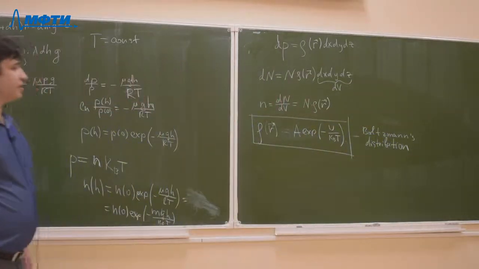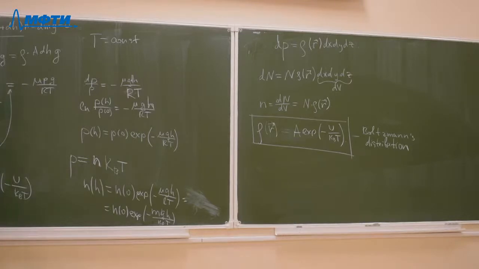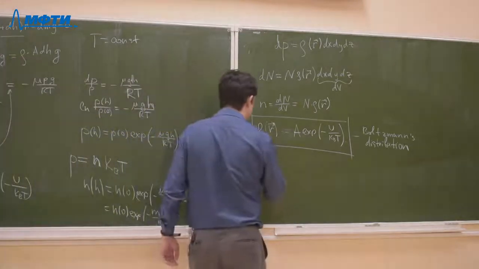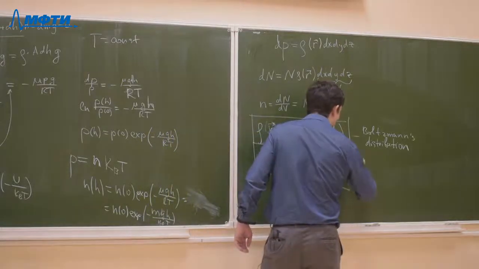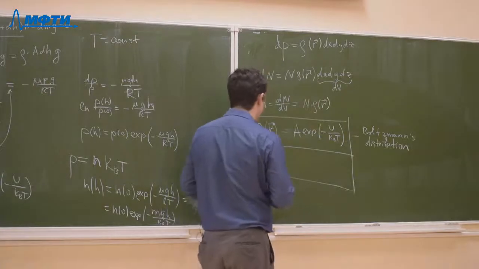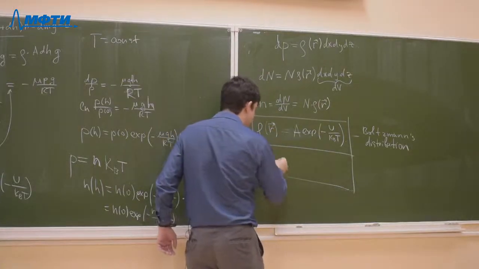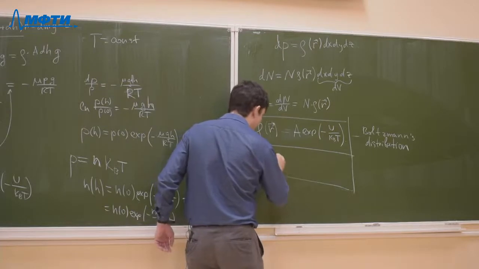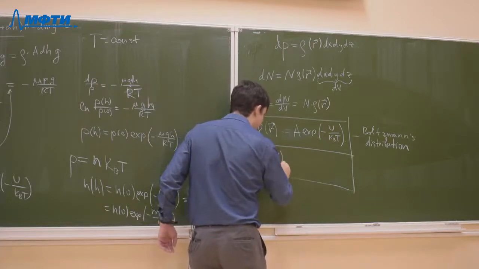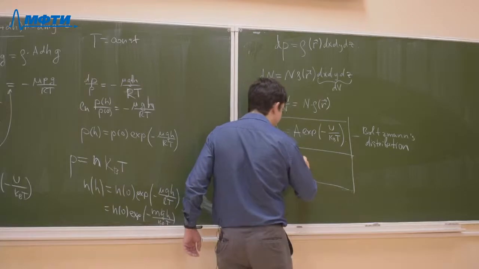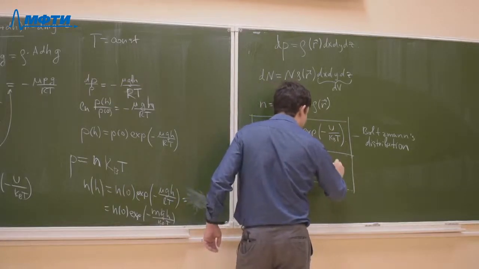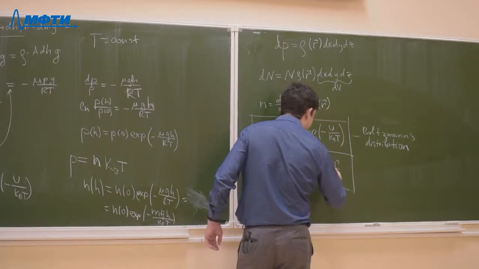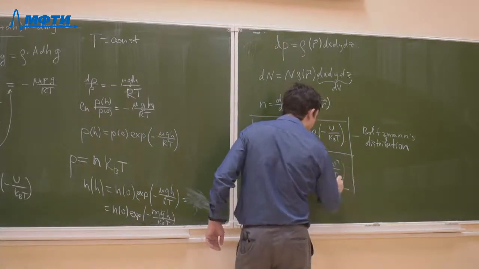If you look closely at Boltzmann's distribution, you will find that it's very similar to Maxwell's distribution. I write here Maxwell's distribution for comparison. So Maxwell's distribution shows you the probability density of some molecule having a speed or a velocity of v. And it's calculated as A multiplied by exponent of minus mv squared over 2kBT.